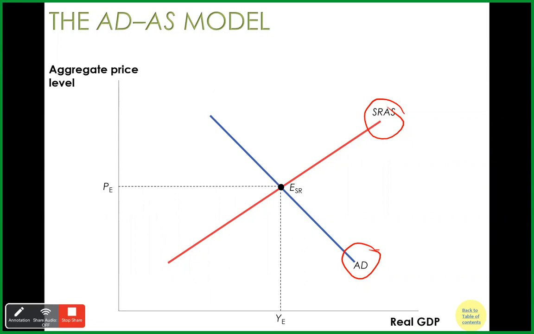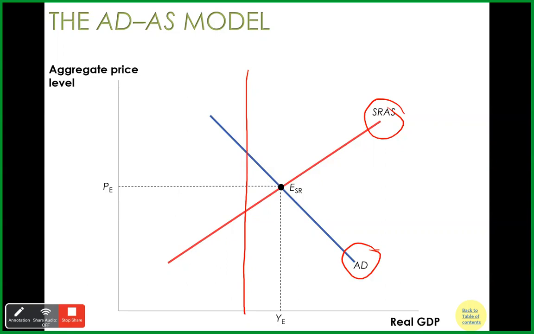But in the long run, the price is going to adjust, or the wage is going to reflect the price adjustment. And then in the long run, the aggregate supply is going to be independent of the price. In other words, in the long run, the aggregate supply is going to look like this red line.